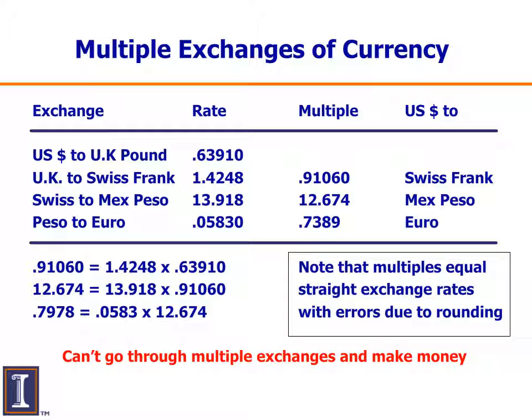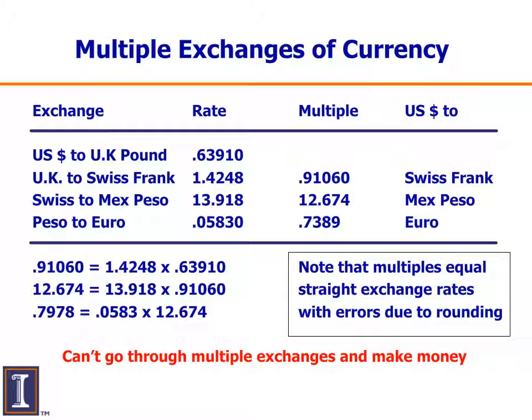The Swiss franc to the Mexican peso is 13.918, and the peso to euro is 0.05830. All of those rates are exchange rates, straight exchange rates from US dollar to UK pound. Second line is UK pound to Swiss franc. Third line is Swiss franc to Mexican peso. Fourth line is Mexican peso to euro.